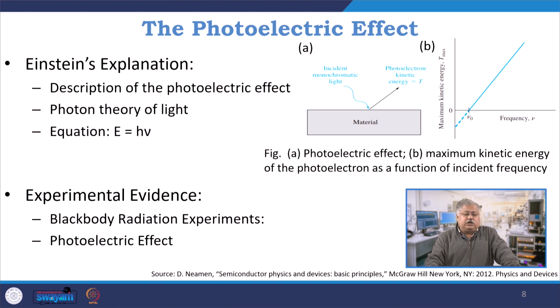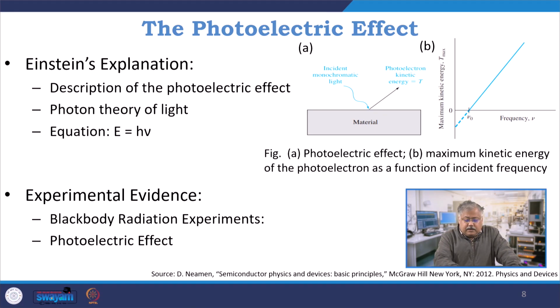One of the major phenomena or experiments by which the concept of quanta came into the picture was the photoelectric effect, for which Einstein received the Nobel Prize. The concept is something like this: if you have a material and you want the electrons to leave the material, then the energy of the electron has to be more than a specific value in order to leave the material.